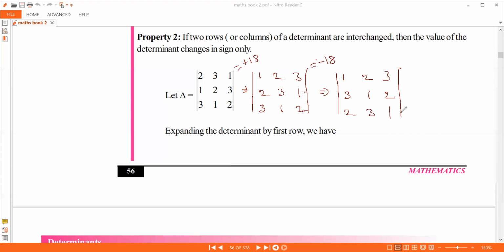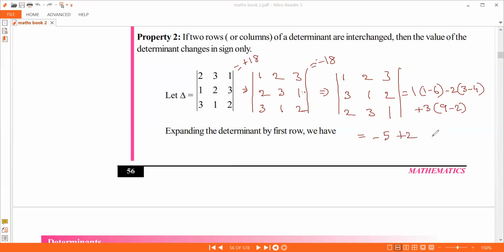It's going to be 1 into 1 minus 6. Minus 2 into 3 minus 4. Plus 3 into 9 minus 2. Going to be minus 6, minus 5. Minus 2, no, plus 2.